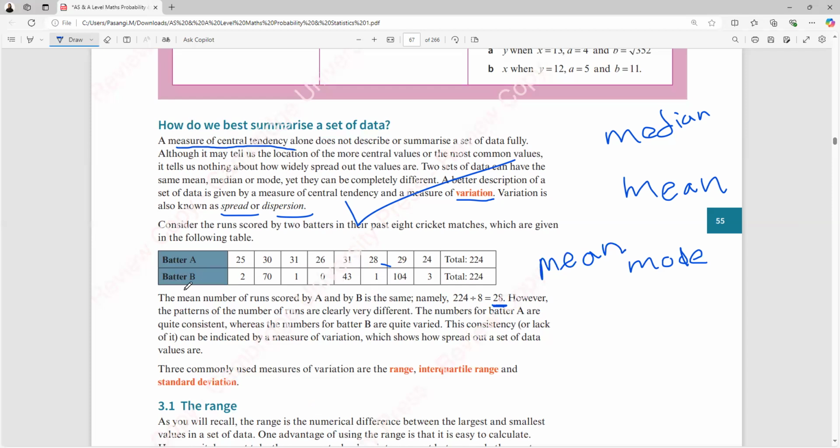That means batter B is not playing consistently. But here A has an average of above 20, 25, 30, 31, 26, all close to each other. Looking at B, on some days he is playing good and sometimes scores something like 104, but sometimes actually he is nothing.